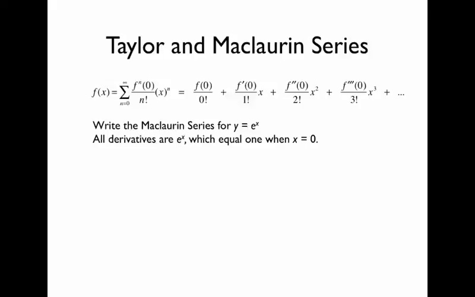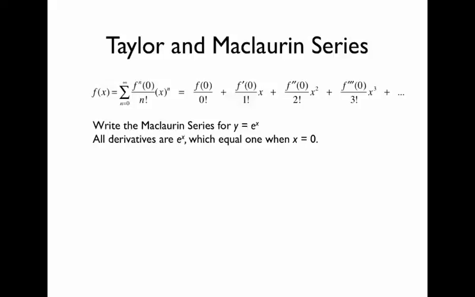x. All the derivatives are what? All the derivatives evaluated at 0 are 1. All the derivatives are e to the x, we evaluated them at 0, so all the derivatives evaluated at 0 are 1. 1, 1, 1, 1. So we have very little left here.